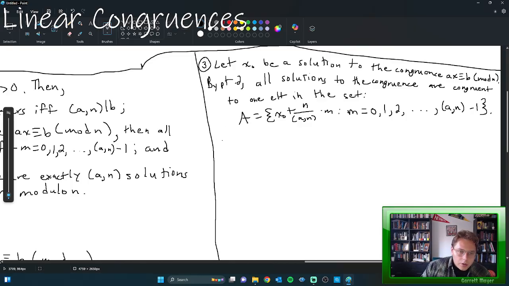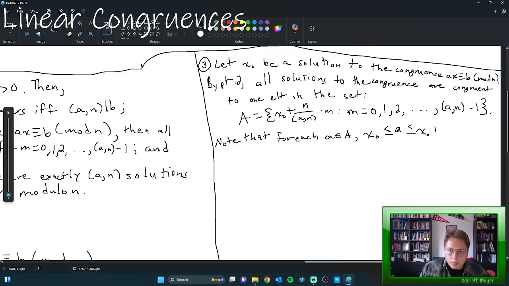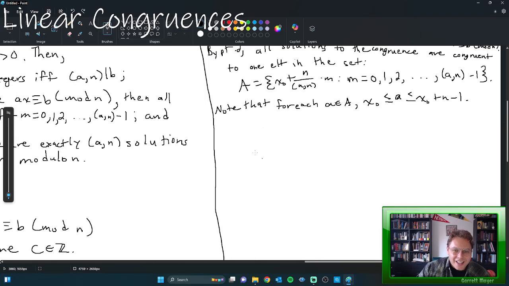And then note that for each element in this set, A is between x naught and x naught plus n minus 1. We don't need an ellipsis there, that's fine.